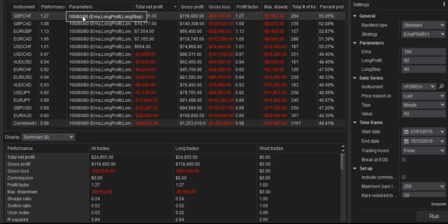At our default settings of 100 EMA and 80 pip profit and 80 pip loss, we can go through, and as we've previously discussed in previous videos, the pound chief was the most profitable, and then it works its way down, you know, pound CAD 10,000, and then once you start to get down here, you start to see negatives. That means that if we were to try and trade this strategy on any one of these currency pairs down here over an extended period of time, we're just going to lose. So obviously that's not a place we want to be.